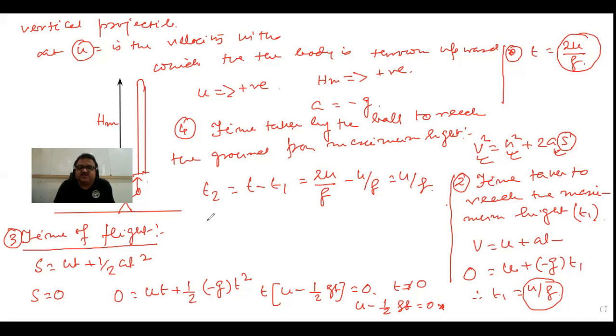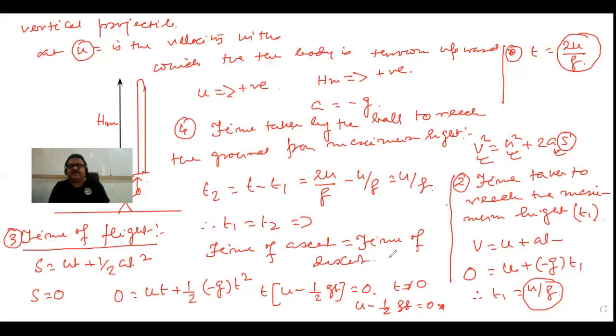So what it proves? t1 is equal to t2, that is, time of ascent is equal to time of descent. Clear? Descent. Okay.